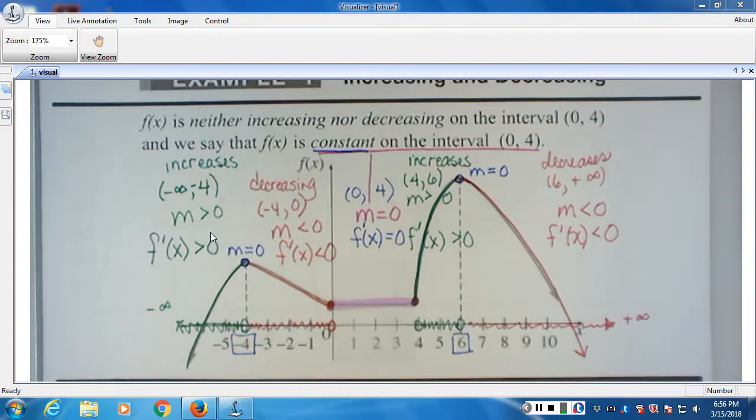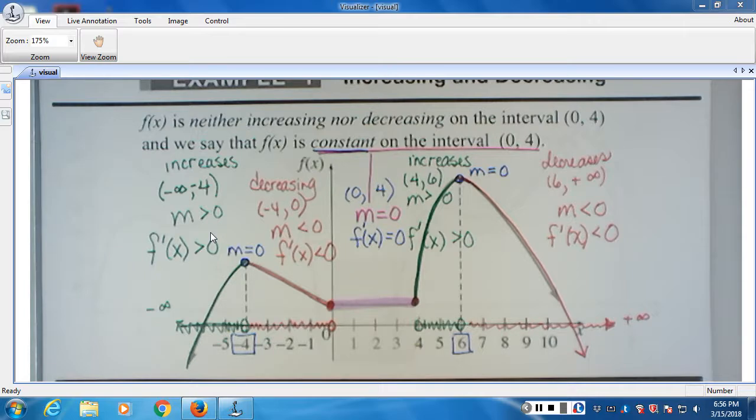What is happening to the function at x equals 0 and at x equals 4? At that one single instant, what did the function do? It went from, if we're approaching 0, it went from decreasing to being constant. It changed directions. It changed behavior.